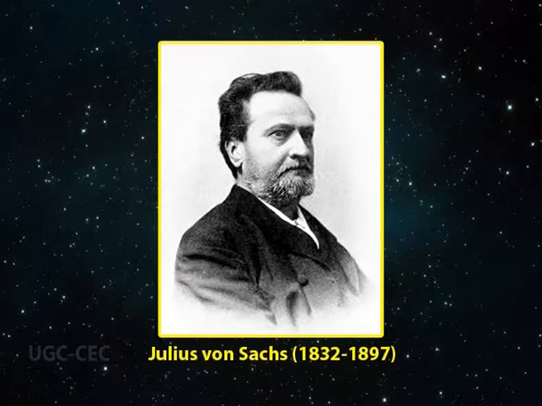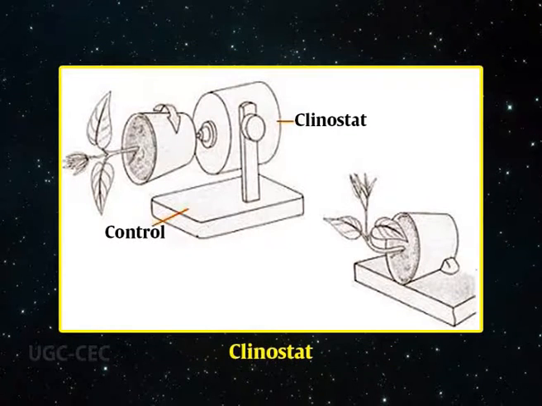In fact, before Darwin's, the scientific studies on plant movements were pioneered by Julius von Sachs. Julius von Sachs is credited with the invention of the clinostat. This clinostat was later on used to study the various types of plant movements.